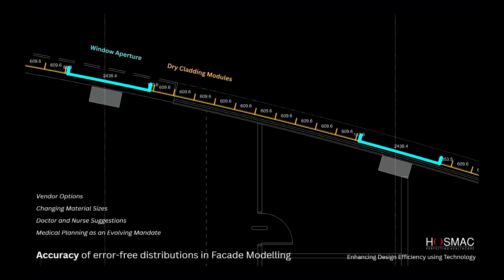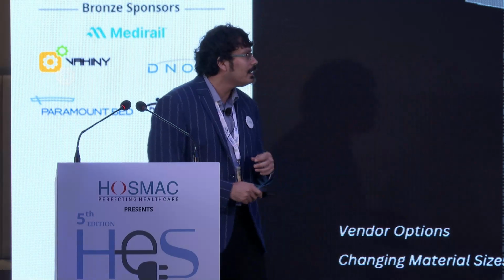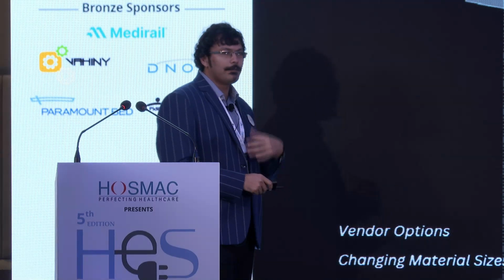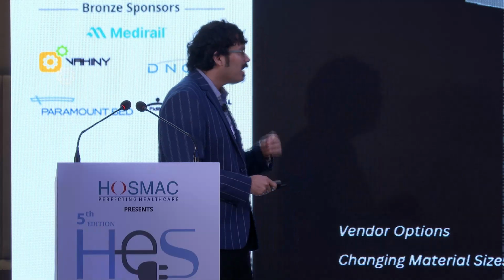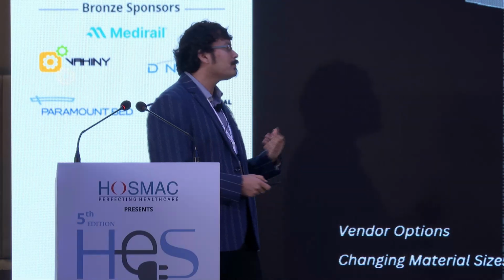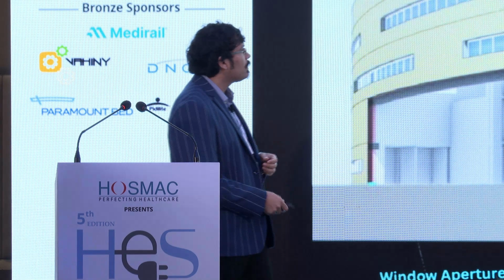But it's not just the user group, it's also about cost. For instance, if I do a wet cladding versus a dry cladding, a stone clad versus a stone laminate clad, I would be working with different vendors and different sizes of materials, which is very difficult to draft all the time. So how do we automate some of those requirements is what we were trying to explore.